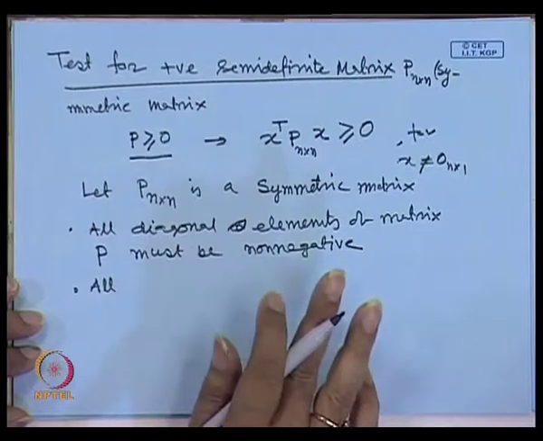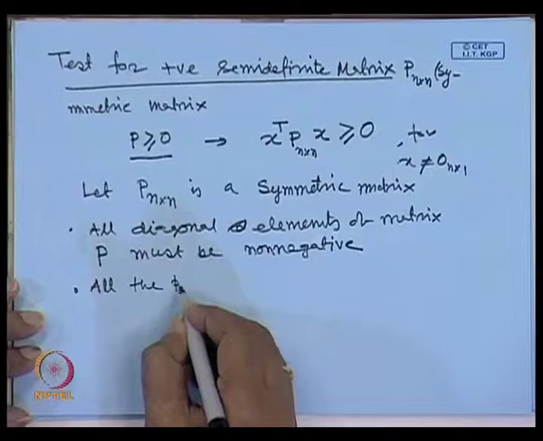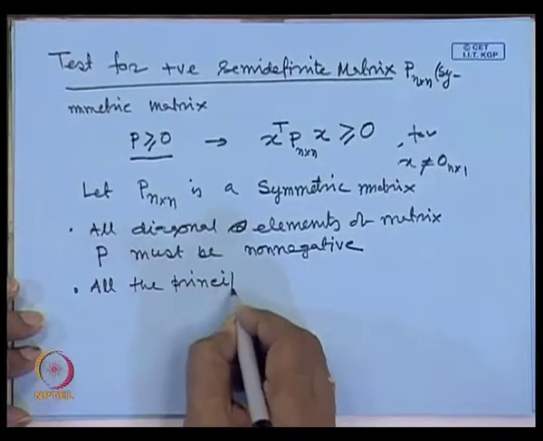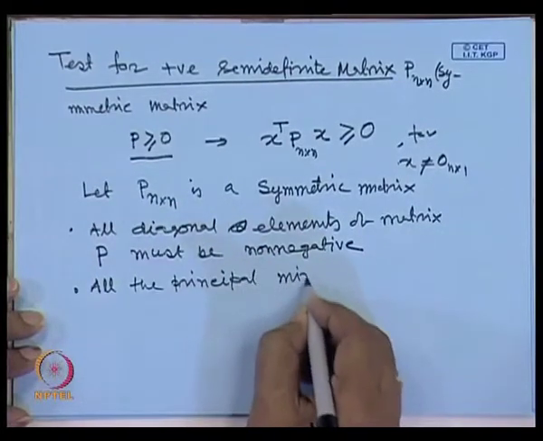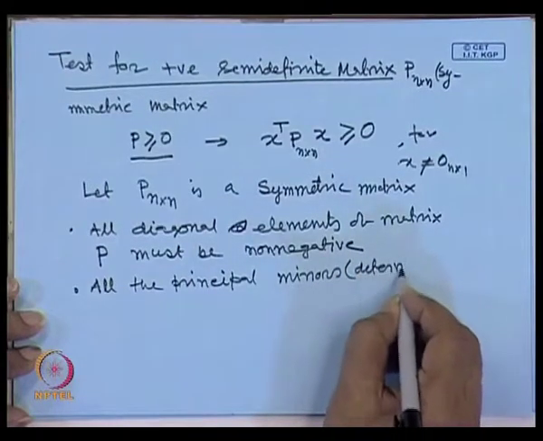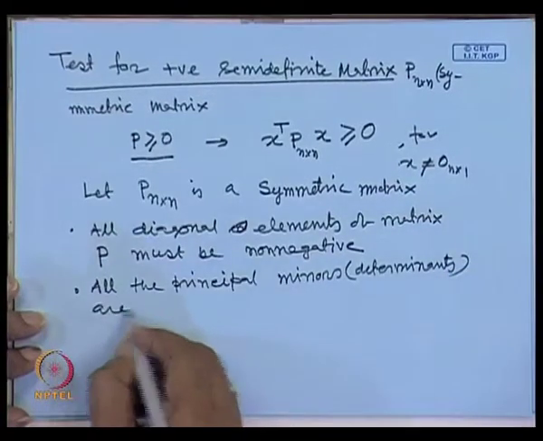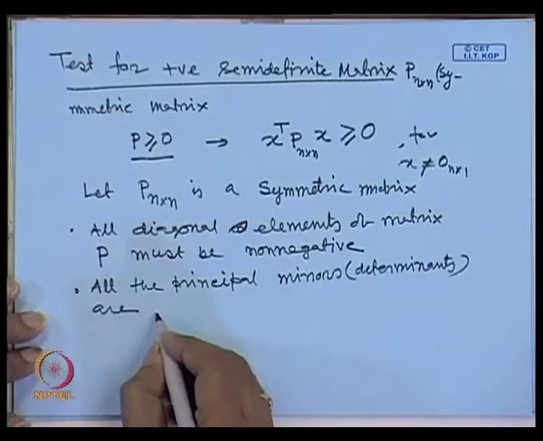Next, now I am not using the leading principal minors, only principal minors: all the principal minors, meaning determinants, are non negative.